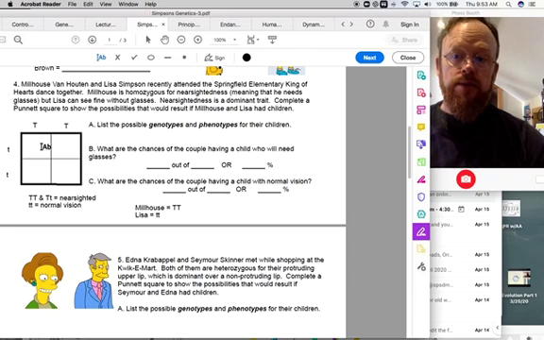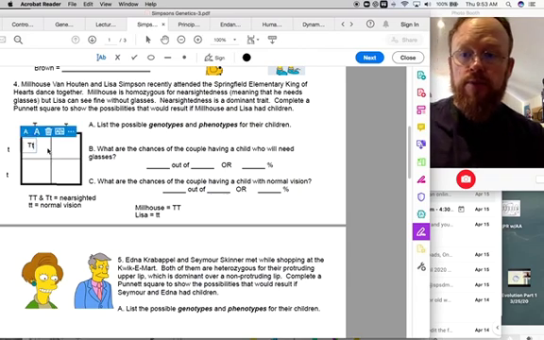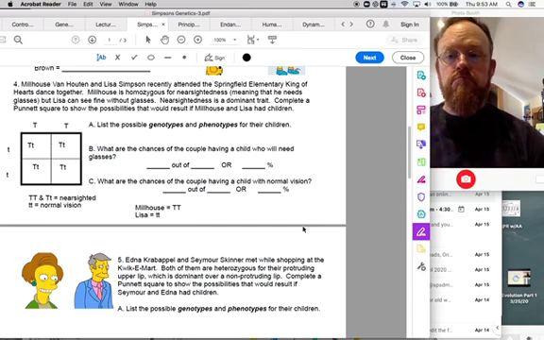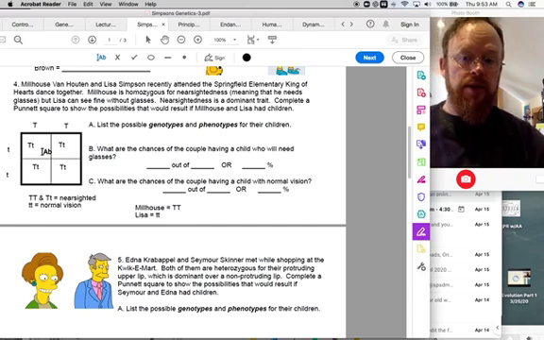Now, what are the possible combinations? In this square, it would be big T, little t. In this square, big T, little t. In this square, big T, little t. And in this square, big T, little t. Right? So remember, each of these squares represents a 25% chance that the offspring will inherit that genotype.